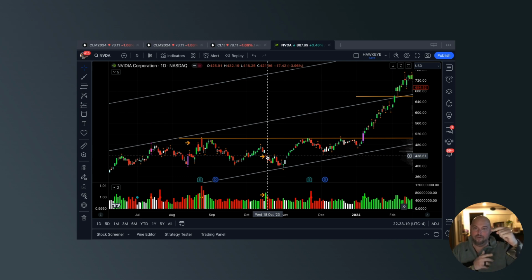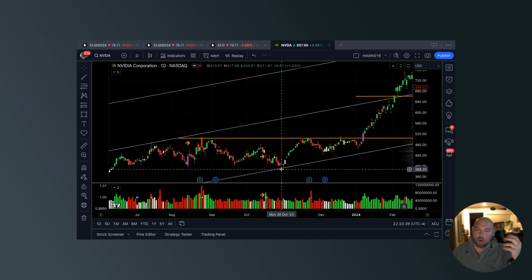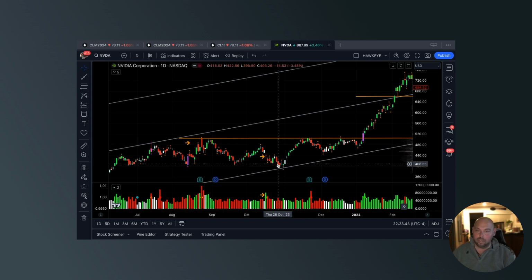No. In fact, it opened and closed at the same price on that very specific day, which was Tuesday, October 17th of 2023. Well, if all that buying came in and the candle didn't advance, never mind make a new high, what do you think is going to happen? That's right. The market's going to fall back from there. And that's exactly what it did.